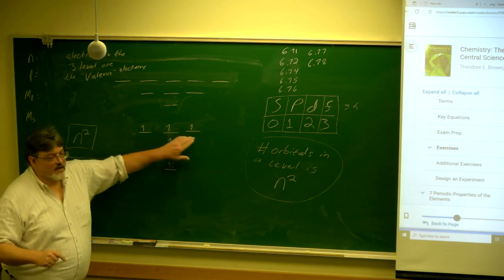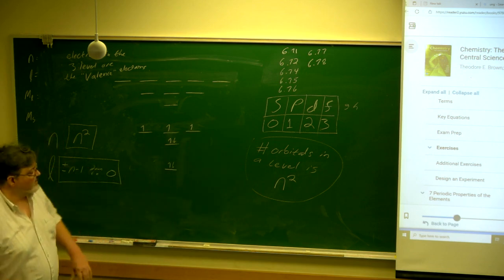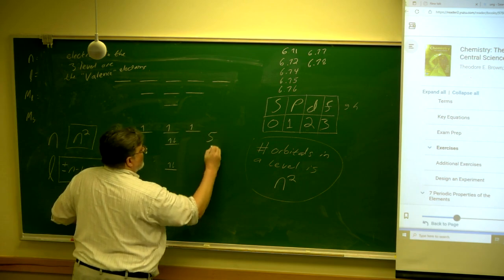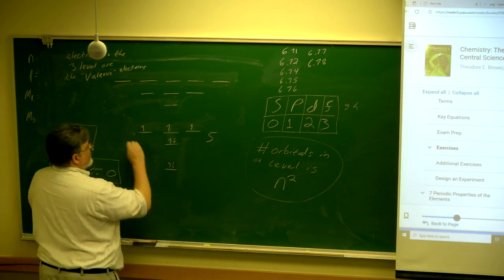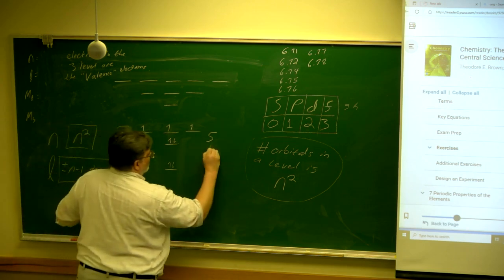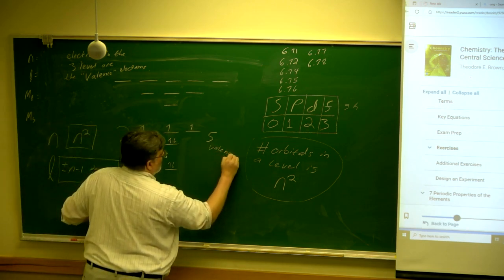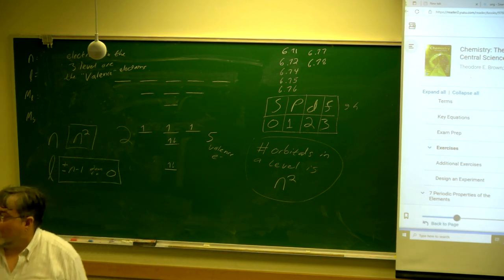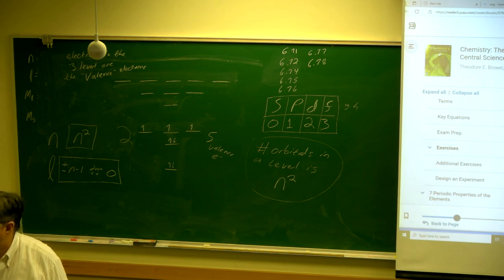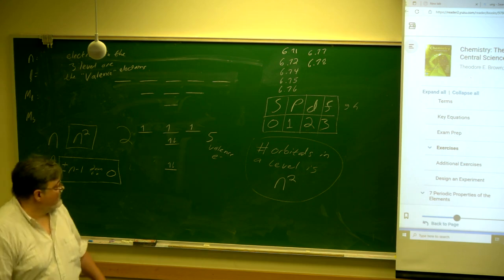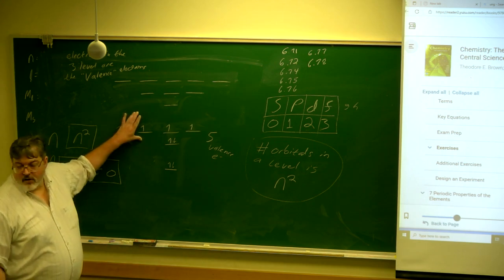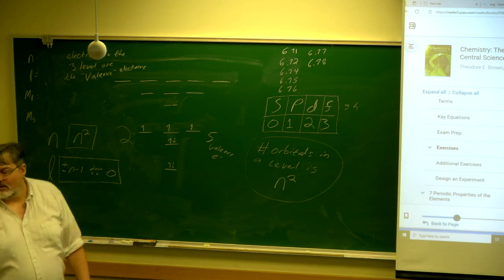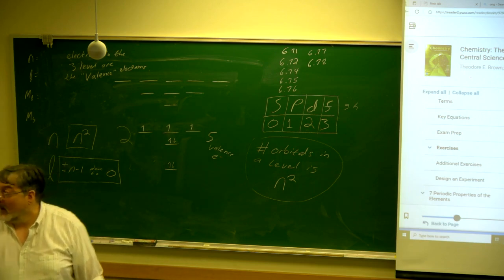That's the electron configuration of nitrogen. 1, 2, 3, 4, 5. These 5 in the number 2 level, those are the valence electrons. Point at nitrogen, 1, 2, 3, 4, 5. So you could draw this out, or you could just count across on the periodic table to get the valence. And everything else is going to be core electrons.